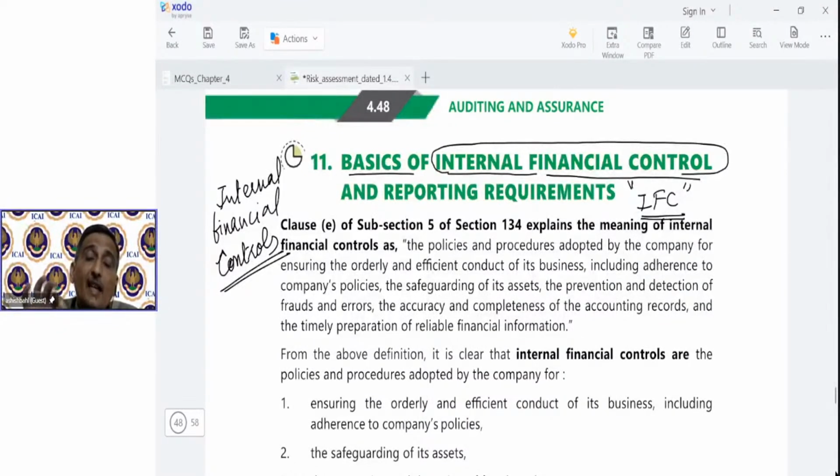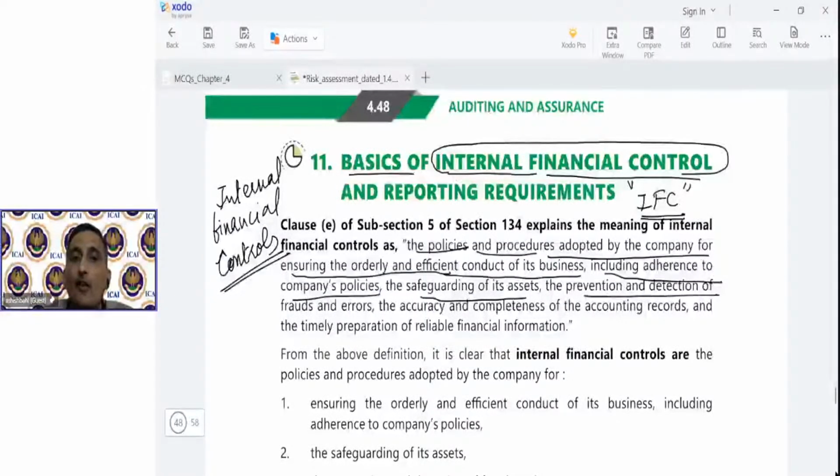It is explained in the Companies Act 2013. It gives the meaning of internal financial control as the policies and procedures adopted by the company for ensuring the orderly and efficient conduct of its business, including adherence to company's policies, safeguarding of its assets, prevention and detection of frauds and errors, the accuracy and completeness of accounting records, and timely preparation of reliable financial information.